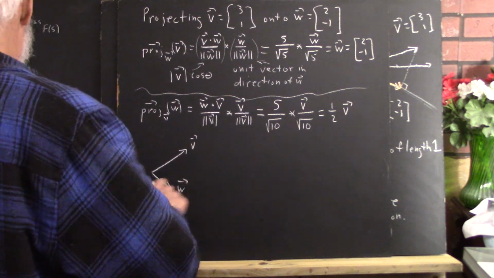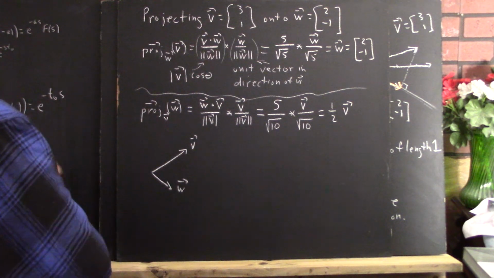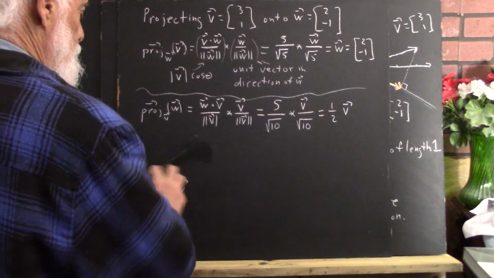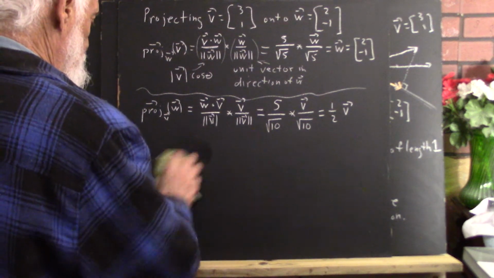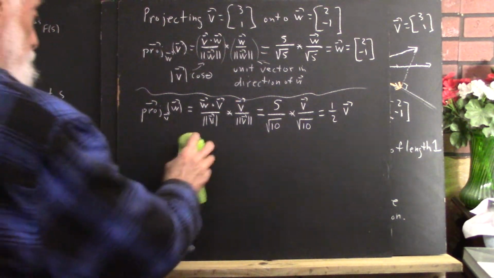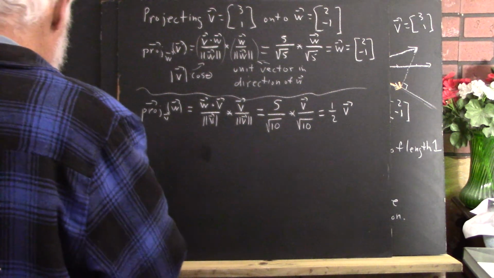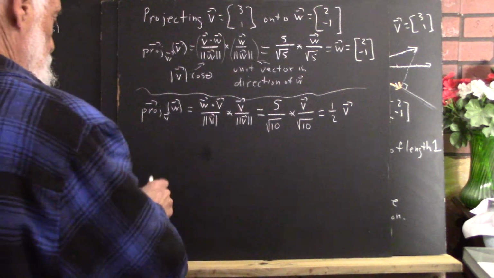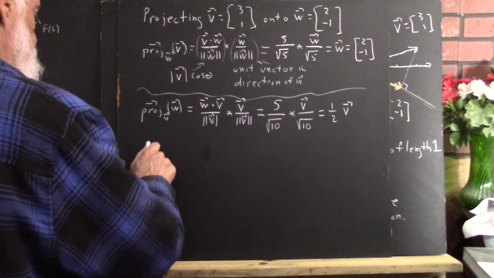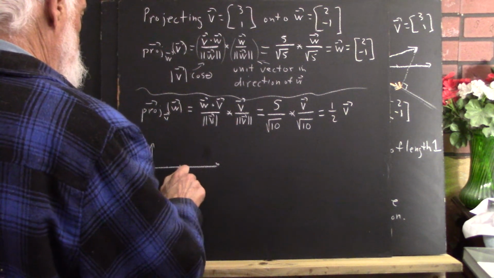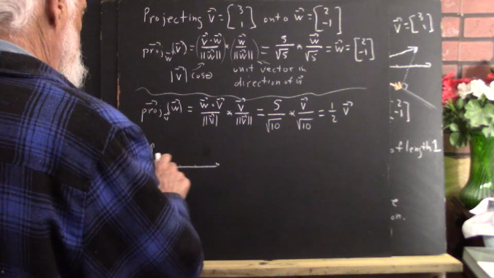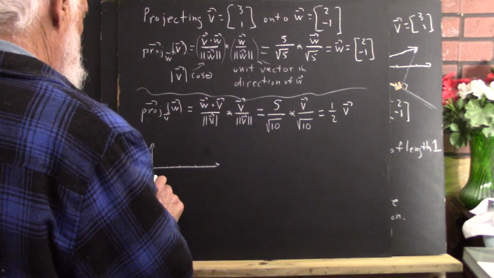I haven't drawn them accurately, so let me draw them a little more accurately. Let's go ahead and sketch a set of coordinate axes. Mark off 1, 2, 3 units, and 1 unit here and 1 unit here.